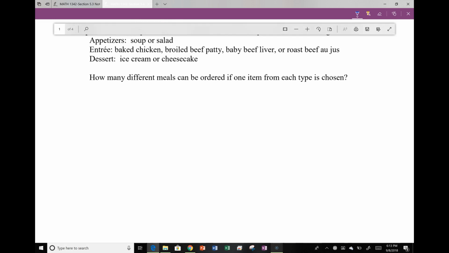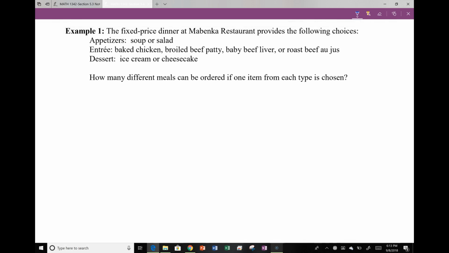So let's start with our appetizer. We have either soup or we have a salad. Off of that soup, we can have baked chicken, we can have the beef patty, we can have the baby liver, or we can have the roast beef.